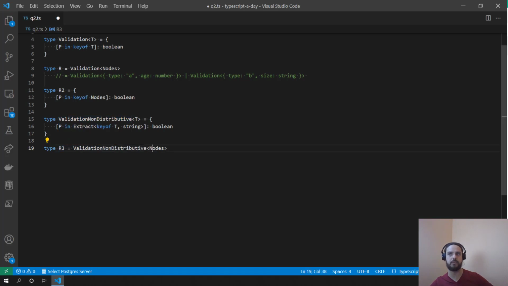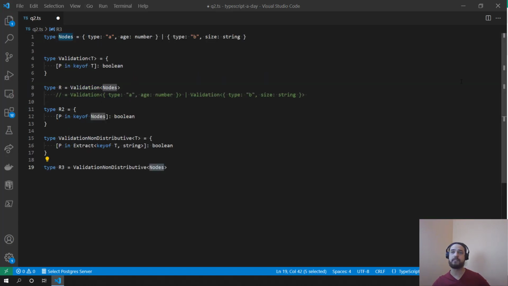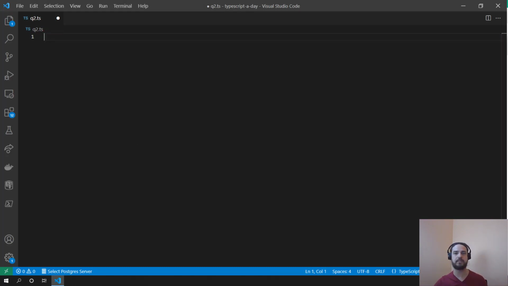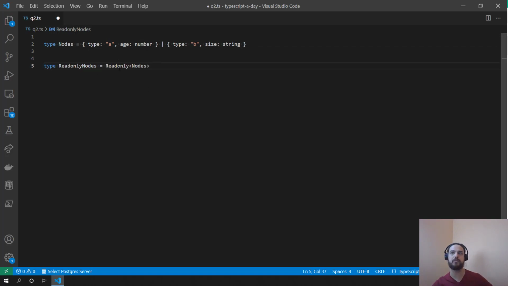Now, some predefined mapped types are distributive, but not all of them. So for example, let's take our Nodes union again, and let's see what happens when we apply some predefined types. If we apply Readonly, we actually get a union of the two constituents. We get Readonly of the first constituent and Readonly of the second constituent. So Readonly is distributive.